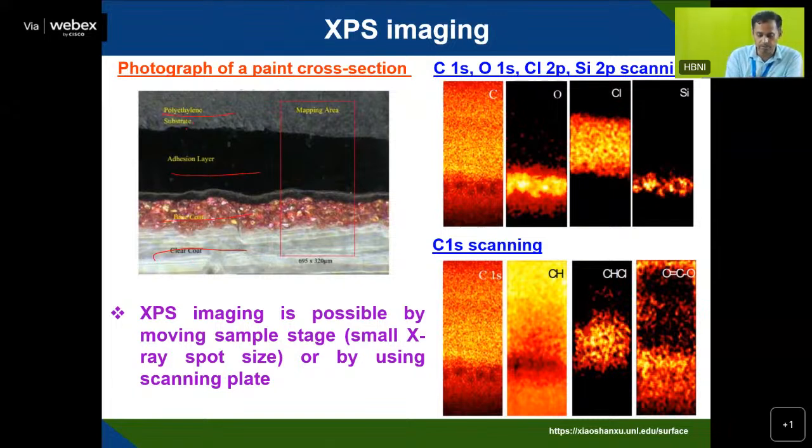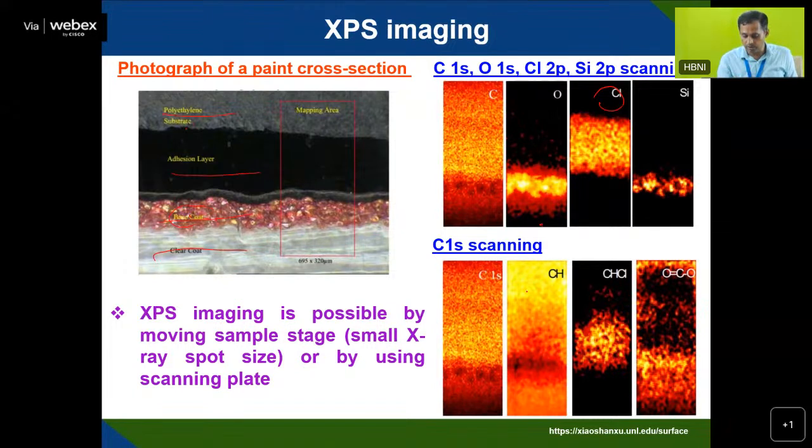So this type of information, how the carbon is deposited at the top surface, how the carbon is distributed on each layer, how the oxygen is distributed, or chlorine, mainly in this bottom coat here, the chlorine is there, and then in the clear coat you are able to get the silicon and all that information.